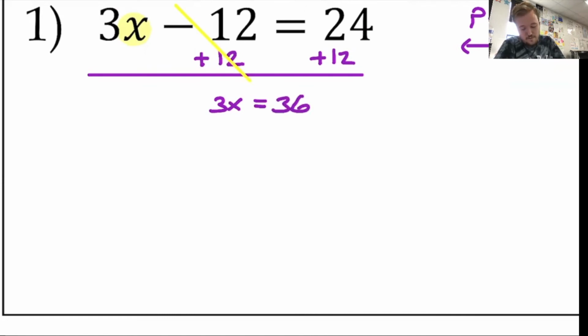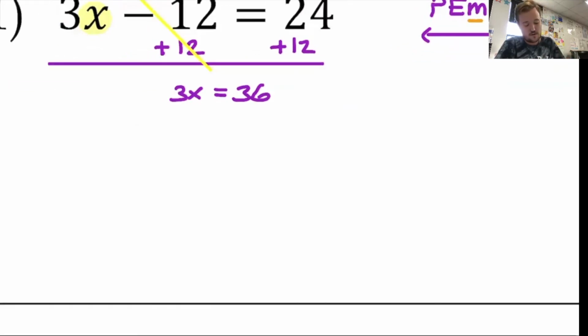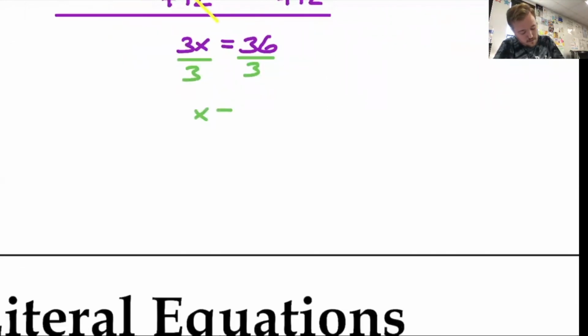Now your next step, we want to get rid of that multiplication that's happening. In order to get rid of multiplication, we're going to do the inverse. So we're going to divide. I'm going to divide by 3. When I divide by 3, you get x equals 12.